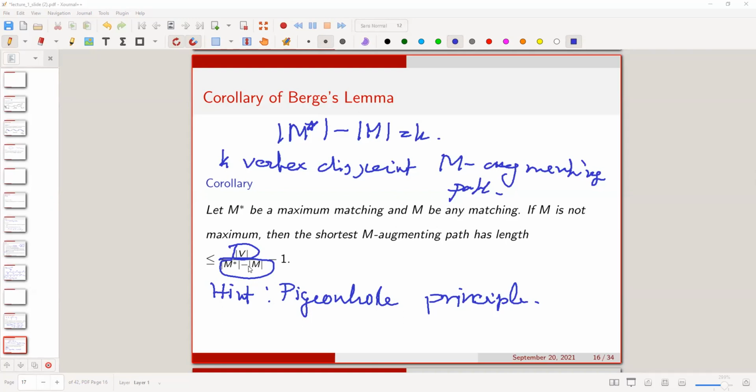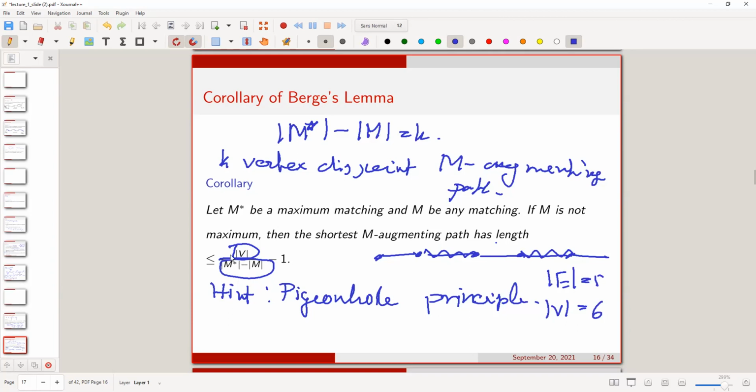So we can think in this way. It's just terminology. Suppose this is an M augmenting path. What is the number of edges here? 1, 2, 3, 4, 5. So what is the number of vertices? It is 6.